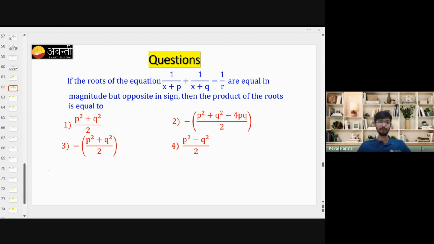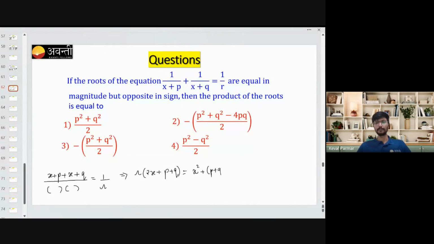If we take LCM, we'll have x plus p plus x plus q upon x plus p into x plus q is equal to 1 upon r. That means we'll get r into 2x plus p plus q is equal to 1 into x plus p into x plus q, which is x squared plus p plus q x.